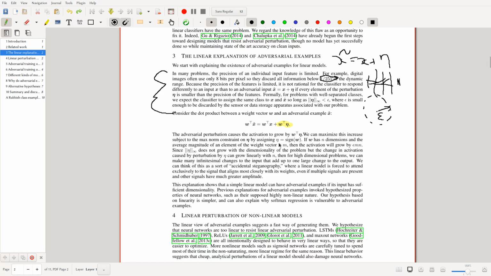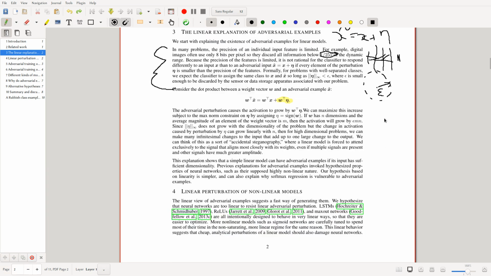And so what we can do is define this perturbation to be the sign of this weight vector. Why? Because we're trying to maximize this dot product. So maybe let's decompose this. Say we have a weight vector that is positive, negative, 0, negative.